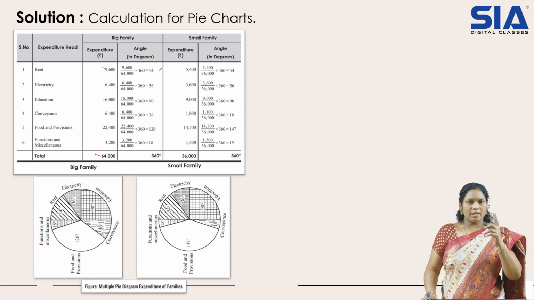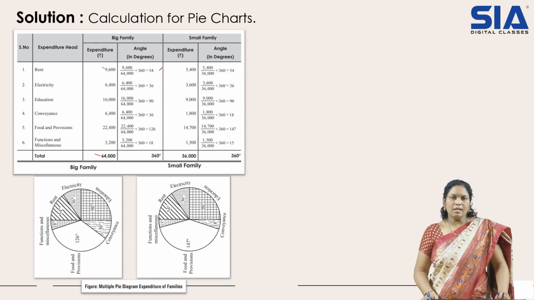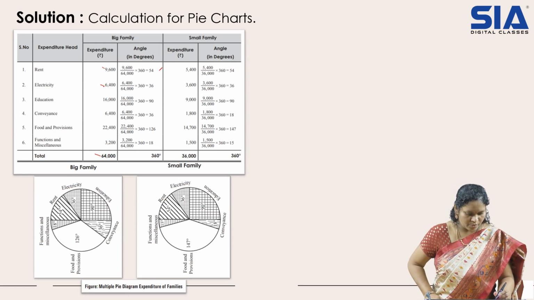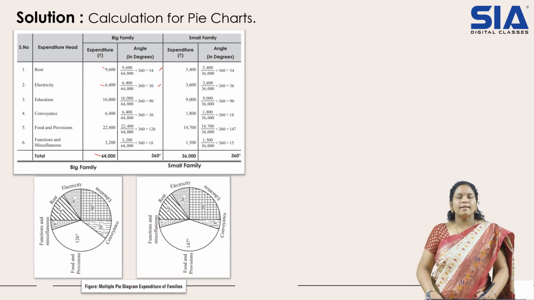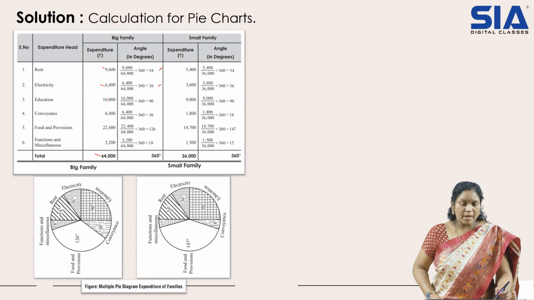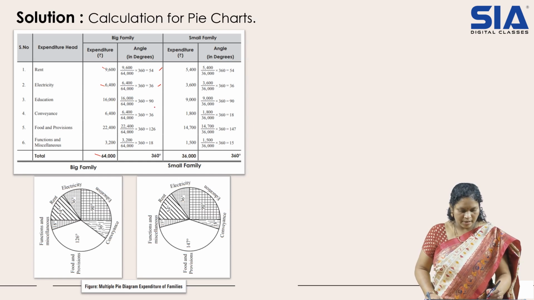So we have converted the regular data into degrees so that we can plot it in the circle as a pie chart. The next value is 6400: divide 6400 by 64,000 and multiply by 360 degrees, and you get 36. Like that we convert the data into degrees: every value divided by its overall total, multiplied by 360.